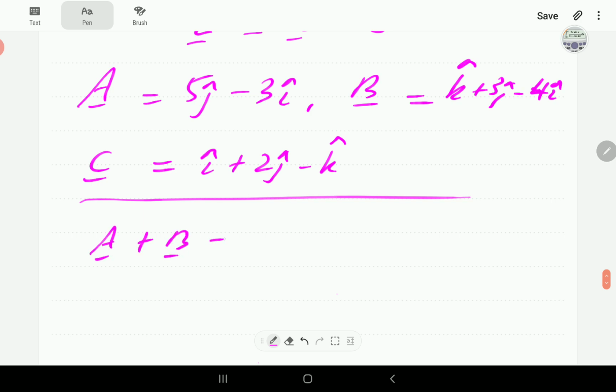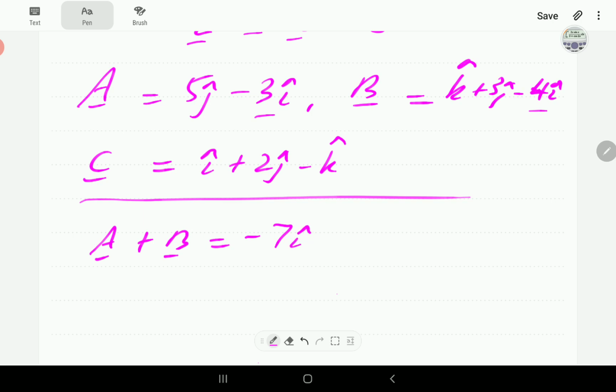Let's do A plus B. If we take the i's, we have minus 3 minus 4, so that's going to be minus 7i.